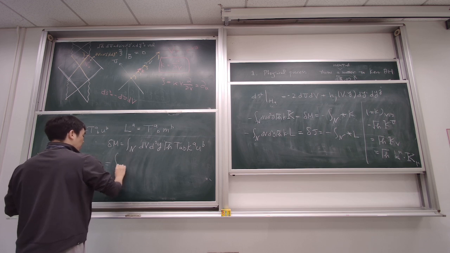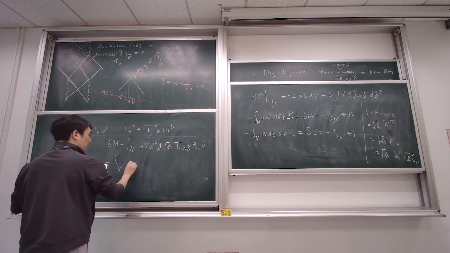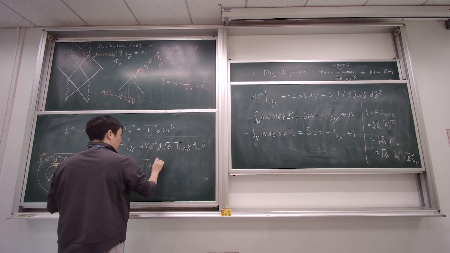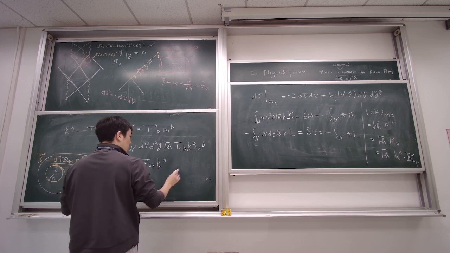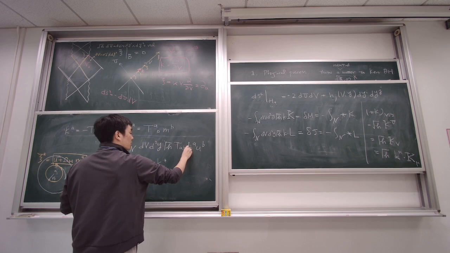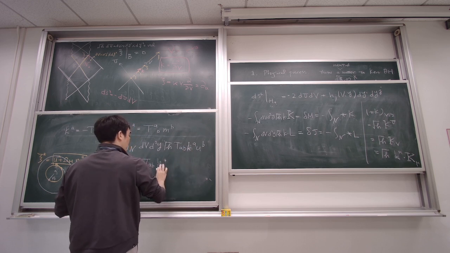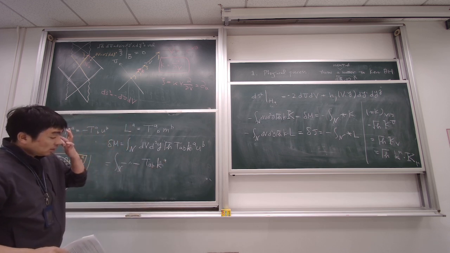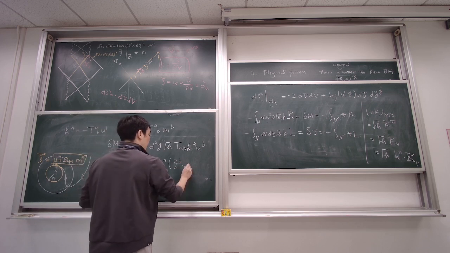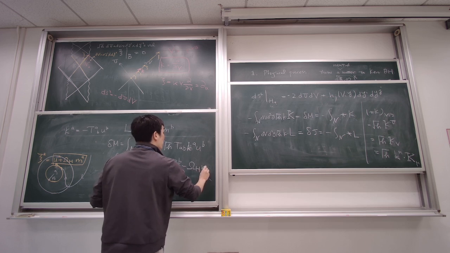And the integral of n, the same quantity appears here, T_ab and k^a. The k is small k, I should use small k, not capital one. This is C^b minus omega H m^b.